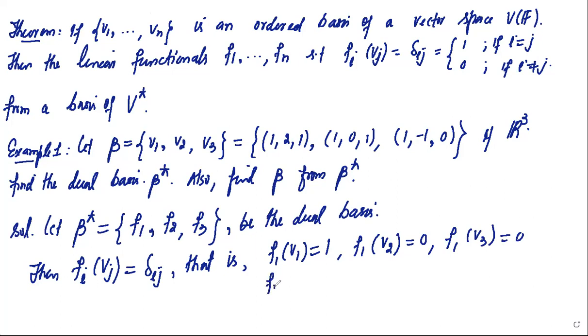Now similarly, f2 will have these properties. f2 of v1 will be 0, f2 of v2 is equal to 1, and f2 of v3 will again be equal to 0.